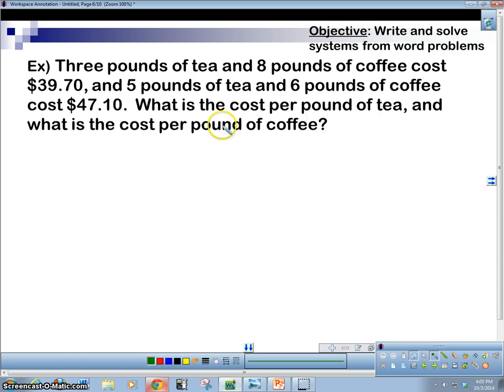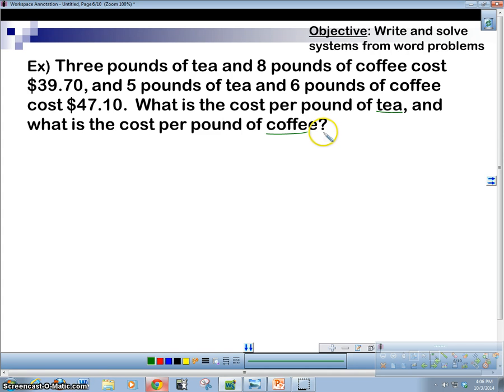So I've got here 3 pounds of tea, 8 pounds of coffee, and so on. What is the cost per pound of tea, and what is the cost per pound of coffee? So those are going to be my 2 variables. Notice how I just skip to the last question, because I'm looking for my variables.